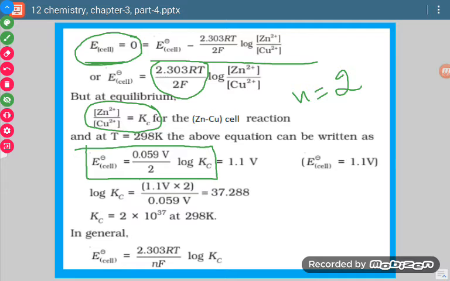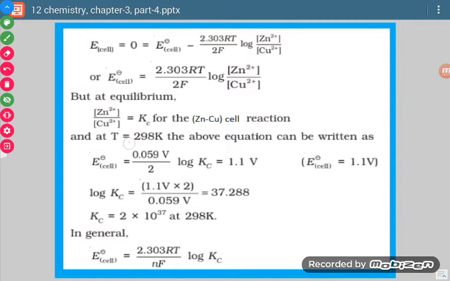Okay. Now E naught cell value is known to us. For Daniell cell it is 1.1 volt. So when we put this also here, then this equation becomes as this much. Log of Kc is equal to this much. Okay. We have put the value of E naught cell. So we are considering now this much portion.